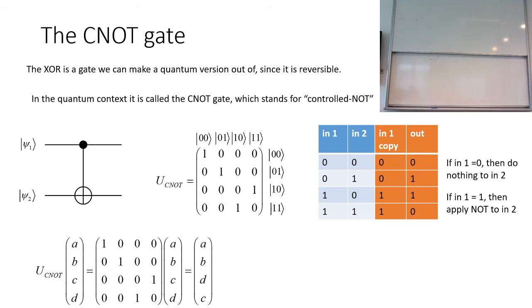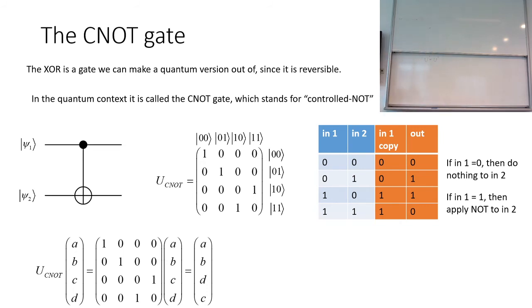So we can write that as a matrix. It just looks like this. You can see in the top 2 by 2, it's just like identity, and the bottom 2 by 2 is like a NOT or X. That's what it does on the 4 logical states.